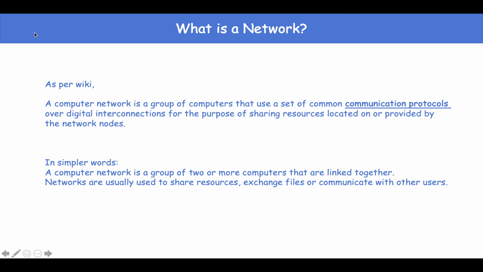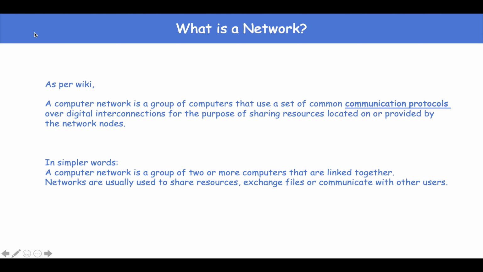As per Wiki, a computer network is a group of computers that use a set of common communication protocols over digital interconnections for the purpose of sharing resources located on or provided by the network nodes.